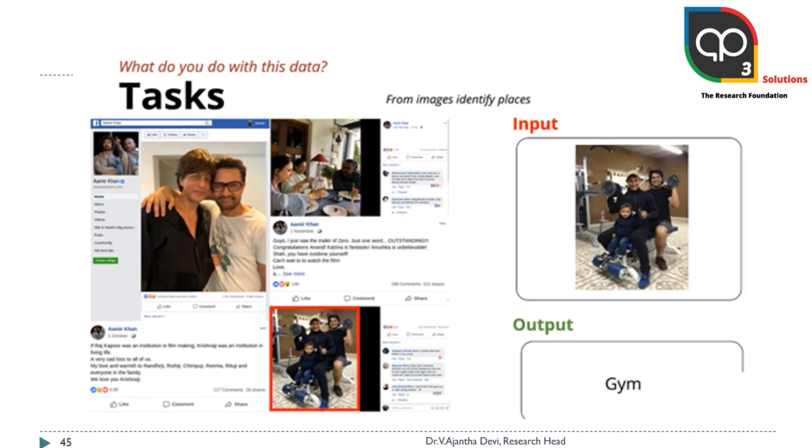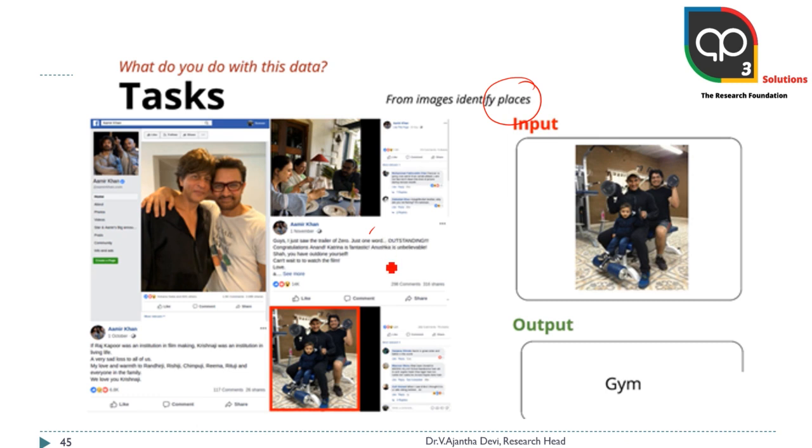Okay, now next could be that given the same image, identify the location of the image. So again, Facebook. Here people upload a lot of images and say eating food at a place, say a restaurant, or near a beach, or in a gym, you can just say.